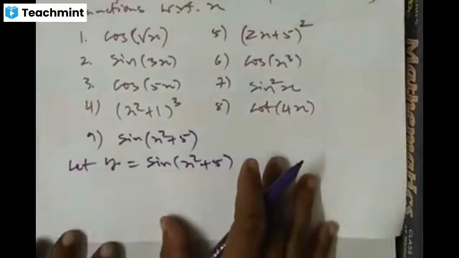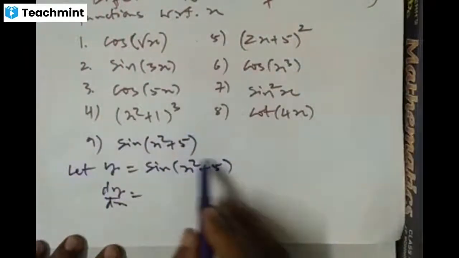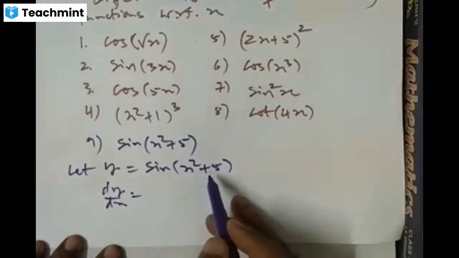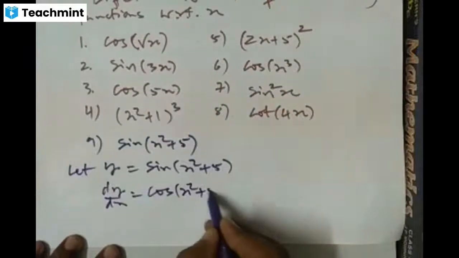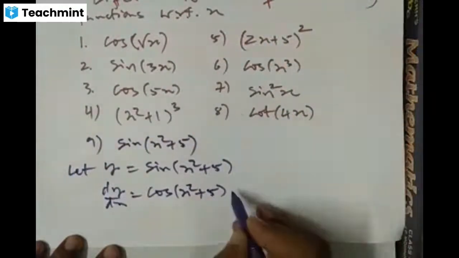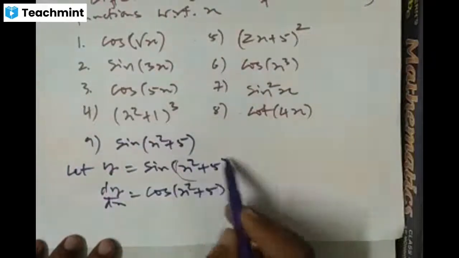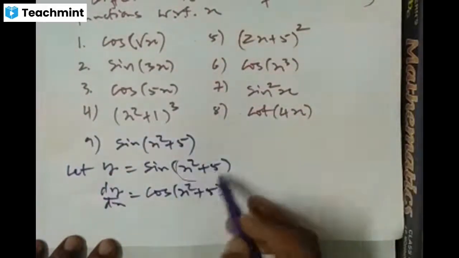Okay. Then what is dy by dx? dy by dx is equal to, assume this bracket as a single variable u. Derivative of sin u with respect to u is cos u, right? So cos, in place of u we have (x square plus 5), into d by dx of this function, d by dx of x square plus 5.